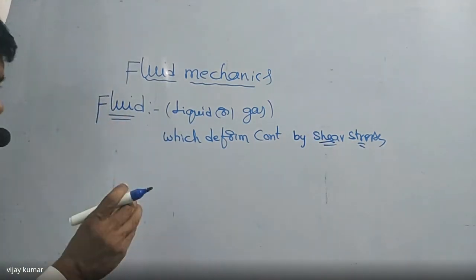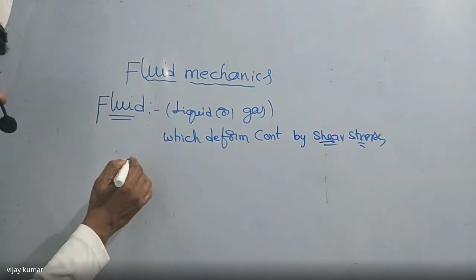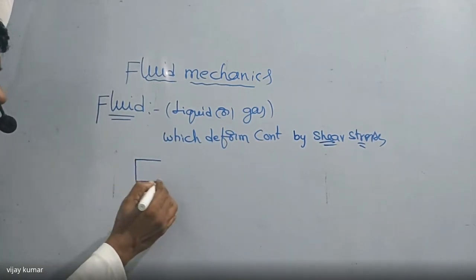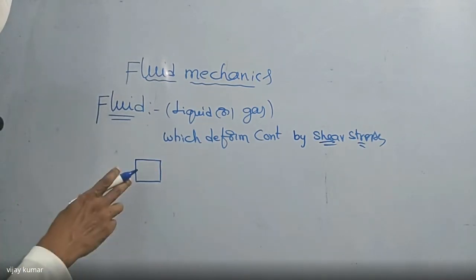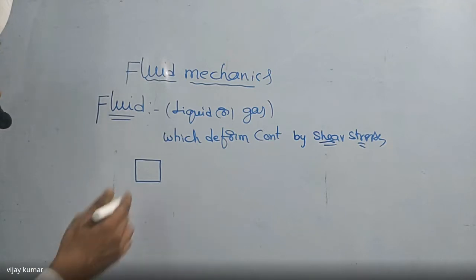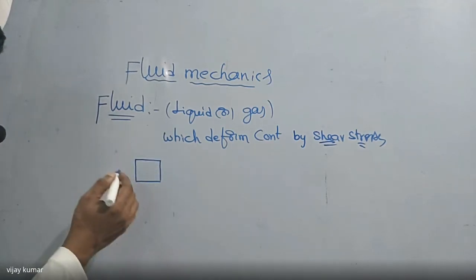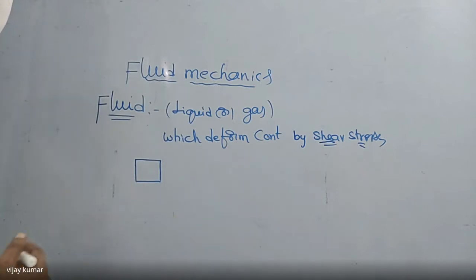Now, I'll give a simple difference between solid and fluid. If you take a solid, I can apply different types of forces on the solid: tensile, compressive, bending, shear, twisting. There are different types of force I can apply. If you apply any type of force on this one, the material will deform or extend.